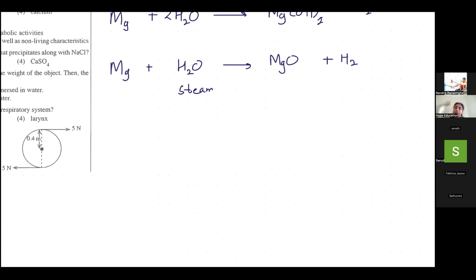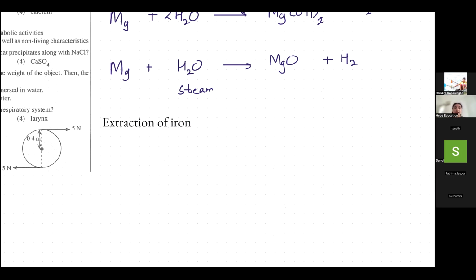I have another question for you. Since we are on reactions, extraction of iron: there are 4 main reactions and 2 slag forming reactions. Write them quickly. Again take 2 minutes.